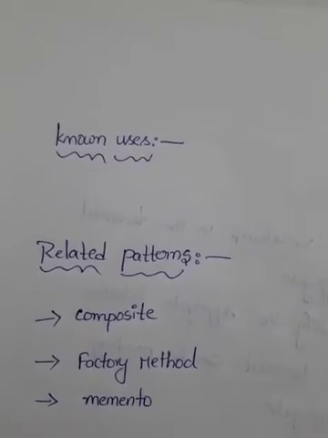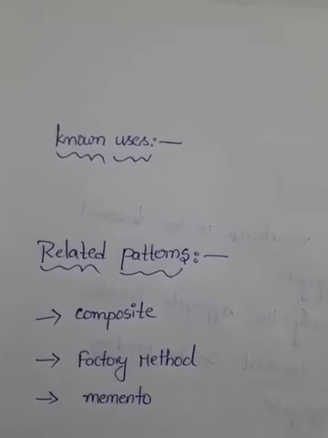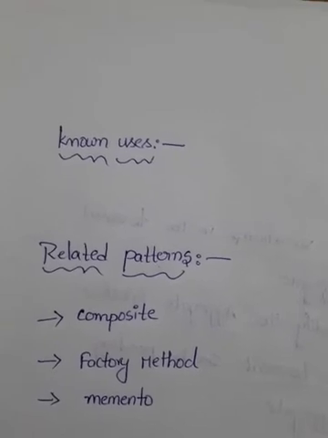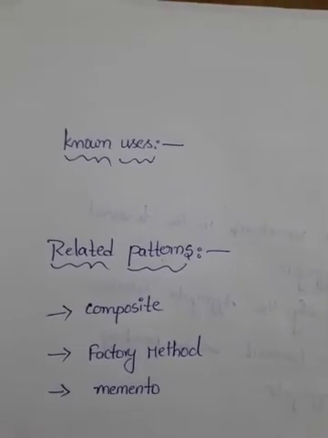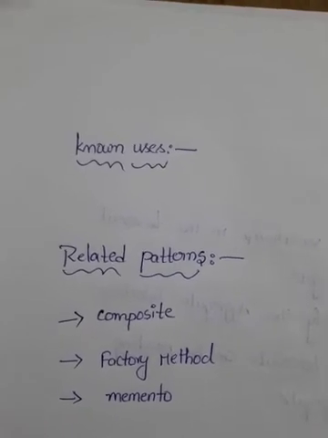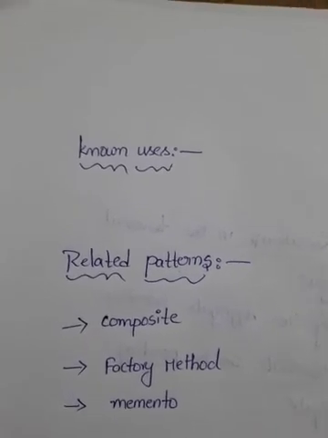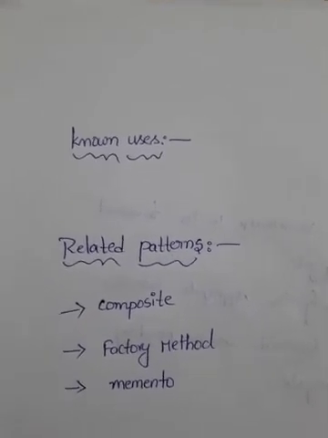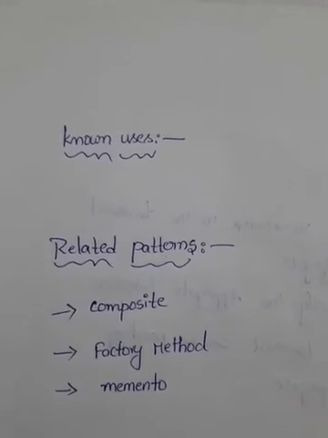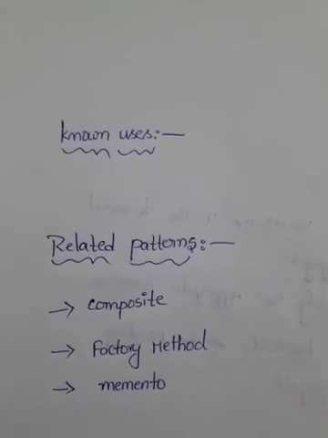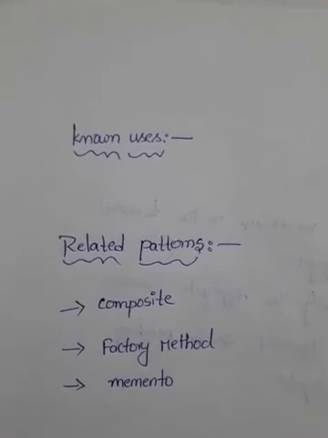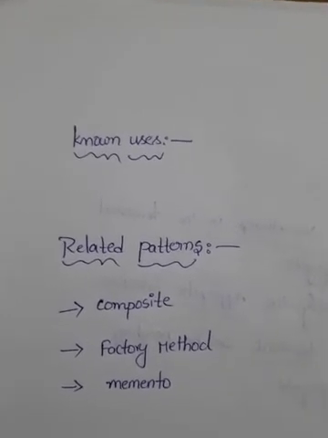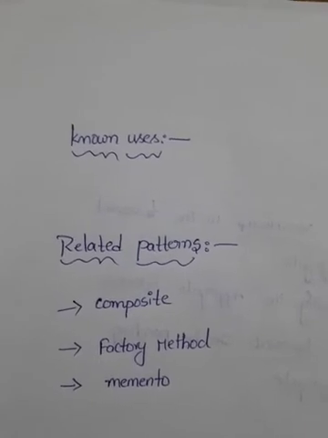Most collection class libraries offer iterators in one form or another. So, we have many real time examples for known uses. The main 2 known uses are .NET and Java developers, mostly using this iterator pattern.